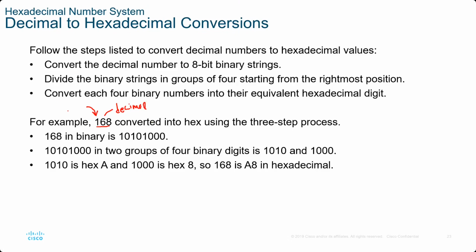You wouldn't know if I don't tell you. So you must ask whoever is asking you a question. He must somehow tell you which system this number belongs to. Is it a decimal number or is it a hexadecimal number? In this question, we have been told that this is a decimal, okay? And we want to convert it to hex. So the process is easy.